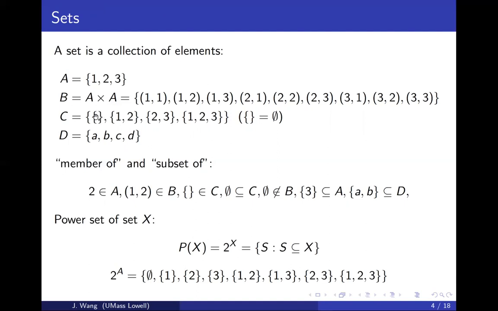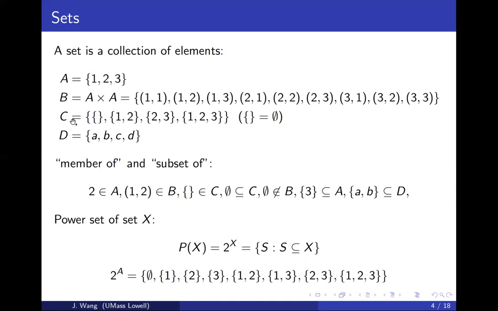And this is another example, C. So it has an empty set. So this curly brackets indicates it's an empty set. Okay, and {1, 2} is an element, which is also a set. And {2, 3} is a set, which is a subset of A = {1, 2, 3}.